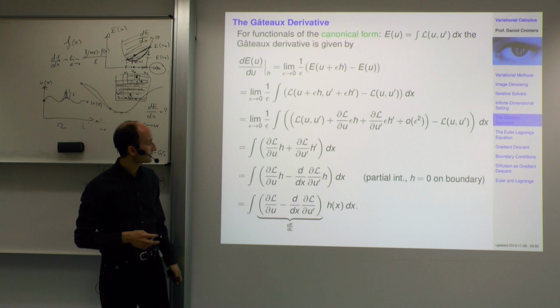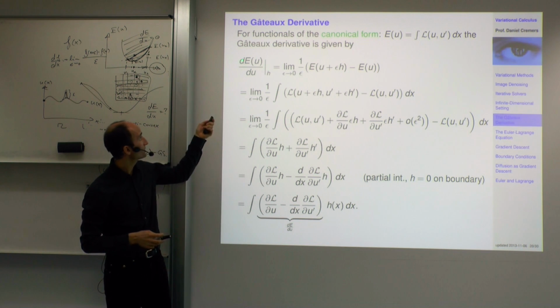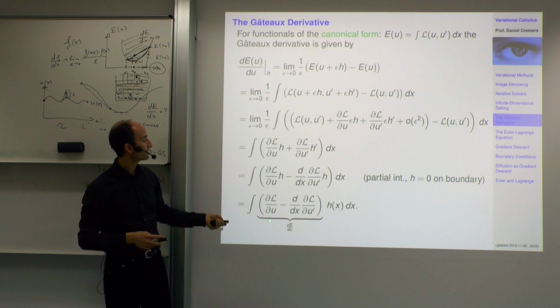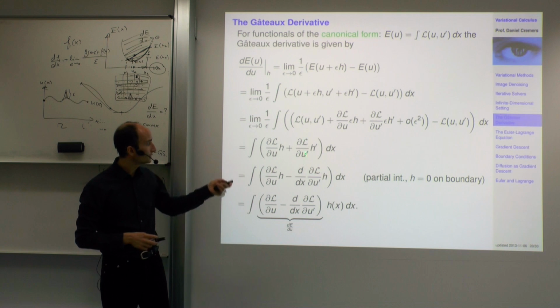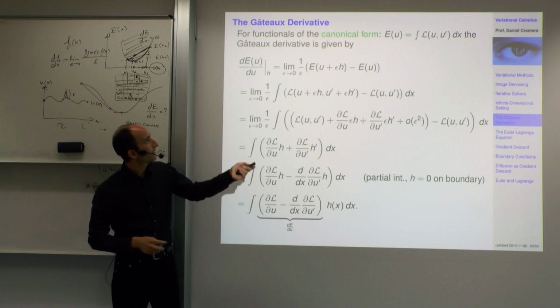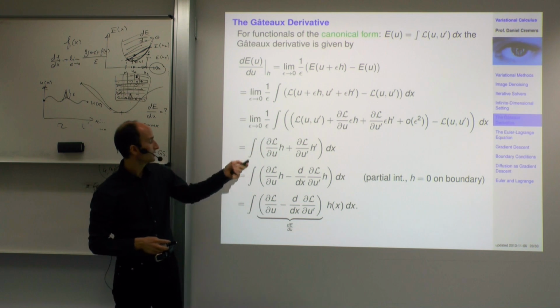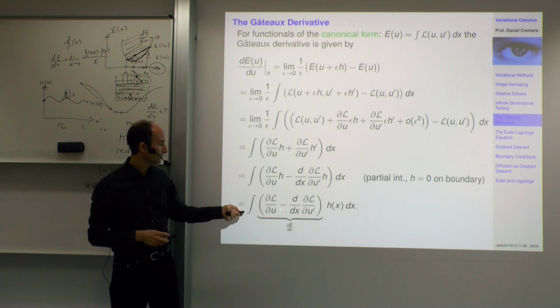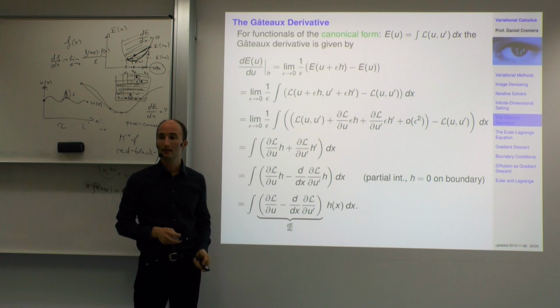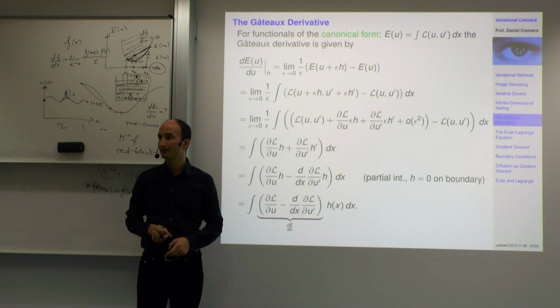And now in the previous slide I argued the directional derivative is the functional gradient projected onto h. And so this whole derivation tells us that for this class of energies, this is the functional gradient. It's dL by du minus d/dx dL by du prime.